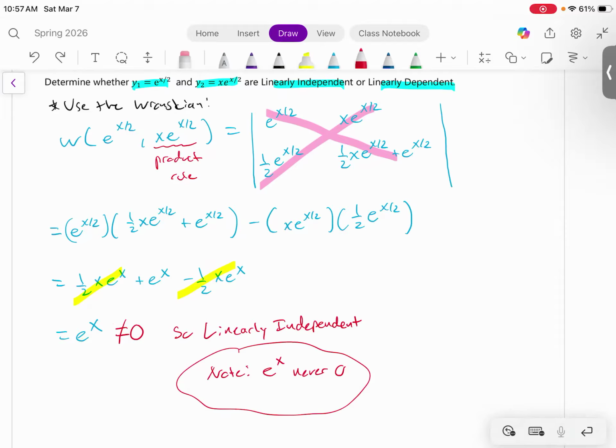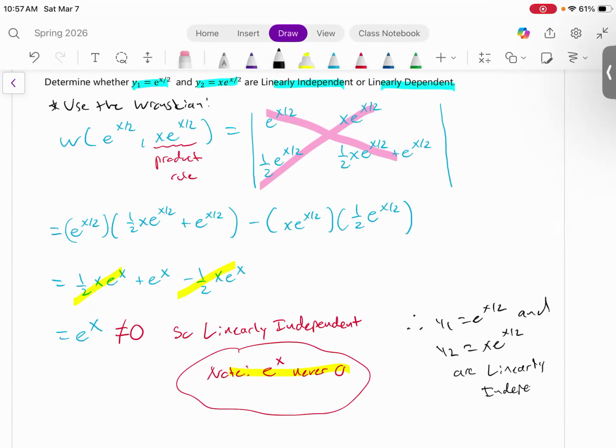And just make note that e to the x is never 0. So therefore, y1 equals e to the x over 2 and y2 equals x e to the x over 2 are linearly independent.